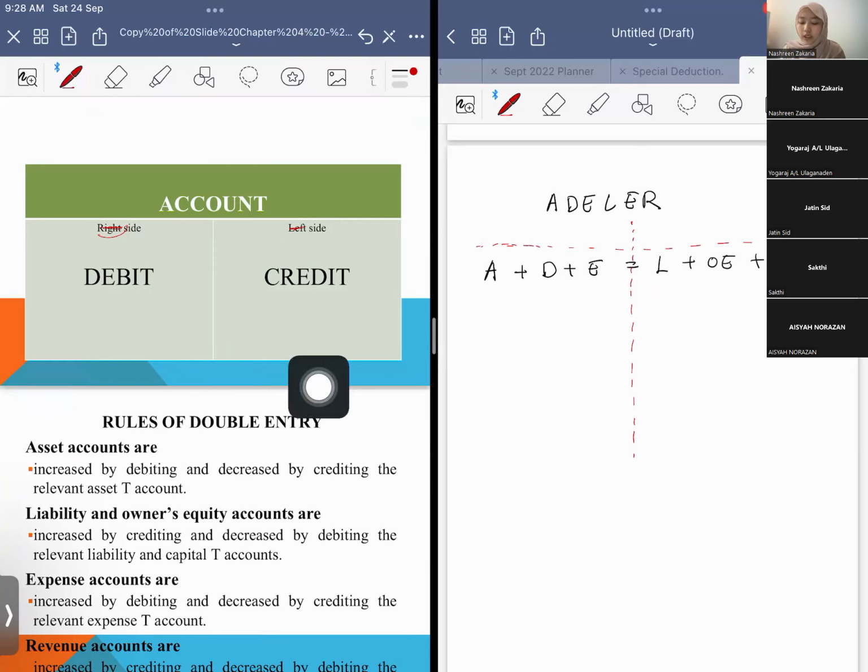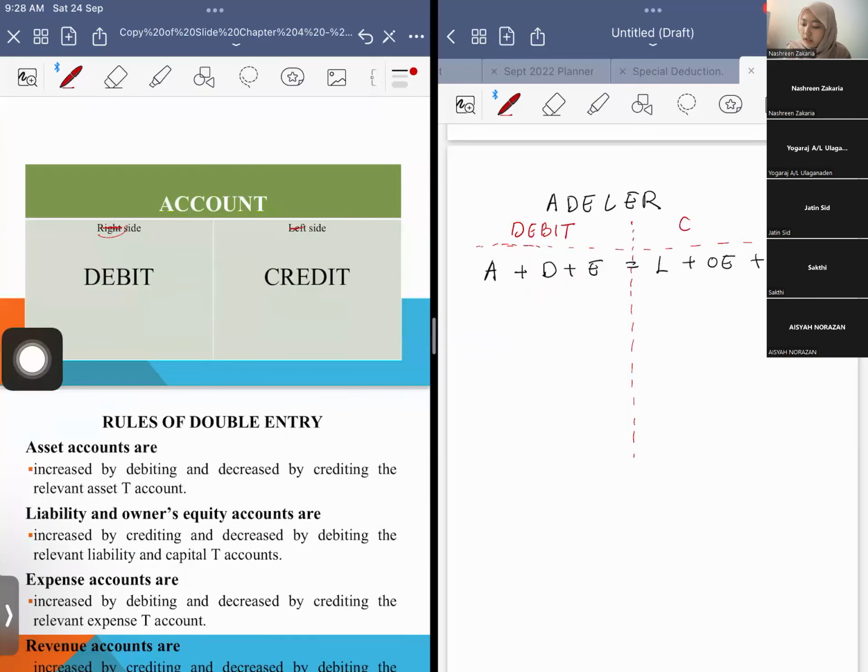Okay, so if you see, this is the left side, right? The nature of the left side is debit, so let me put debit here. Because I asked you to imagine that this is our T account, whatever is on the left side is the debit side, and whatever is on the right side is the credit side.